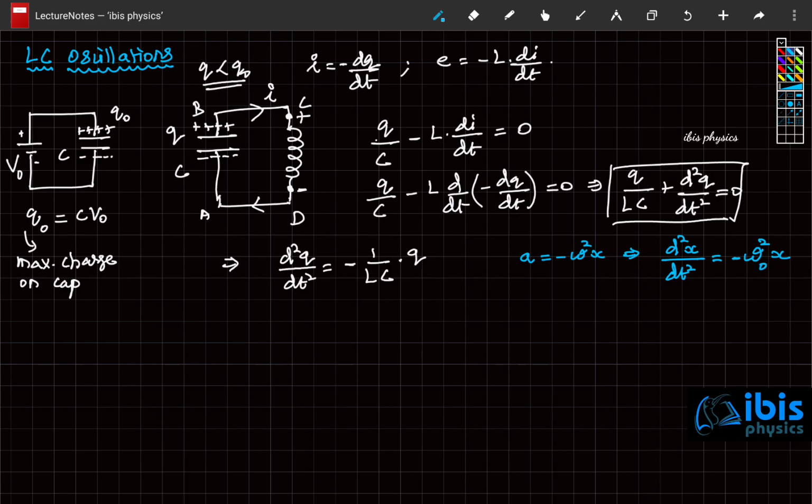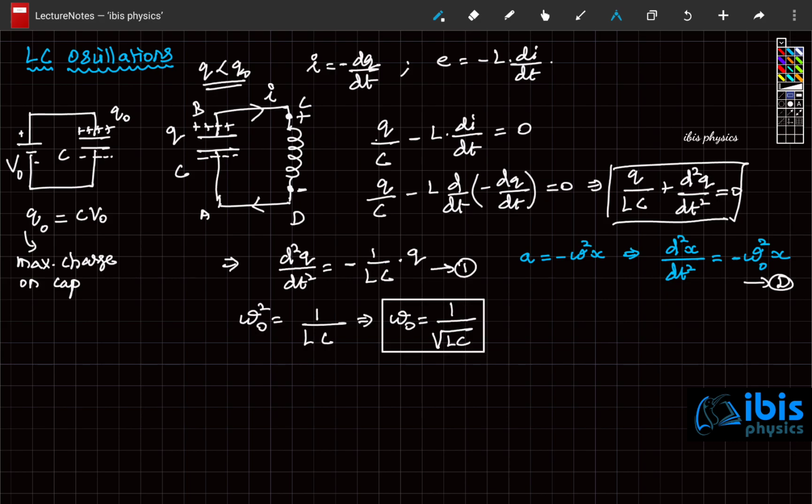Comparing these two equations, let's call omega naught the resonant frequency of the LC oscillation circuit. Omega naught square is 1 by LC, and omega naught is equal to 1 by root over LC. It's an important thing, remember this equation.